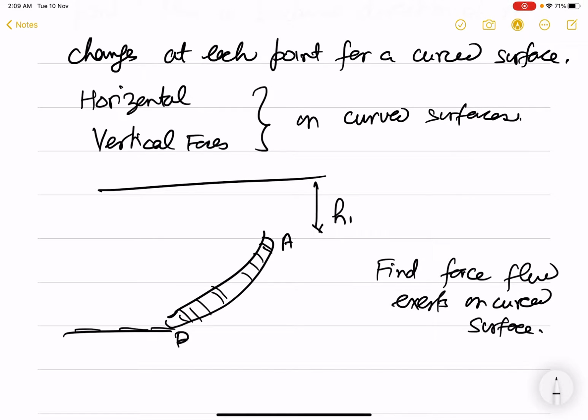So AB is our curved surface on which we want to find the forces. Let us say this is the x direction and this is the z direction, the vertical direction.